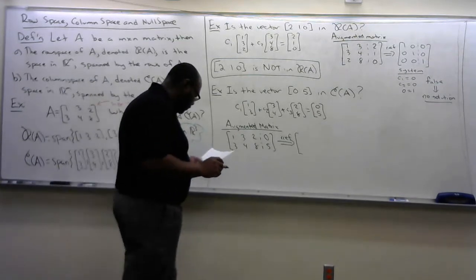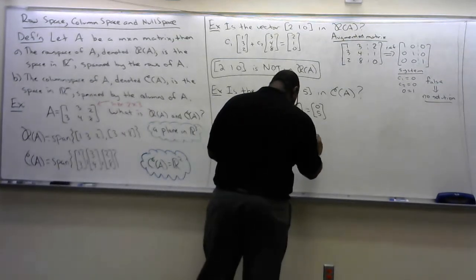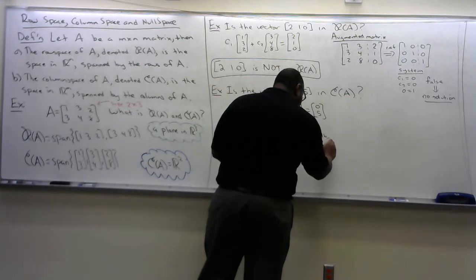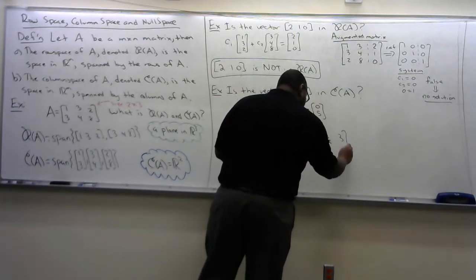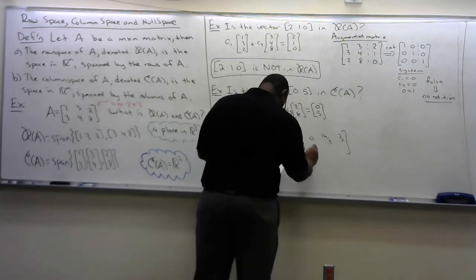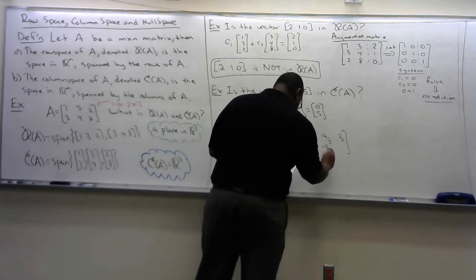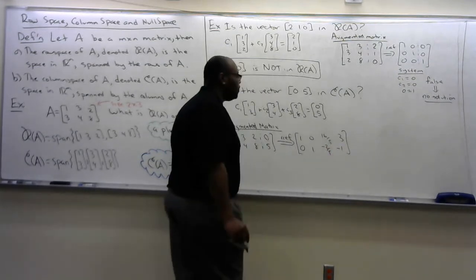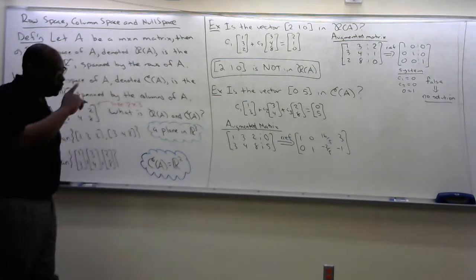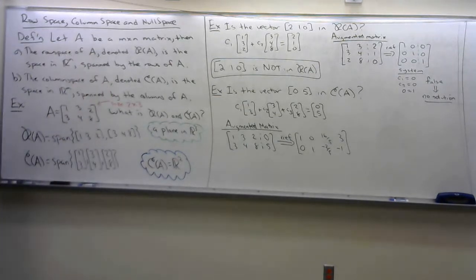I have 1, 0, 16 over 5, 3 going across, 0, 1, negative 2 over 5, and negative 1. That's the reduced row echelon form of that.